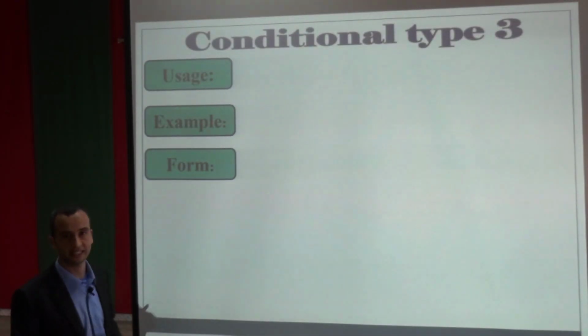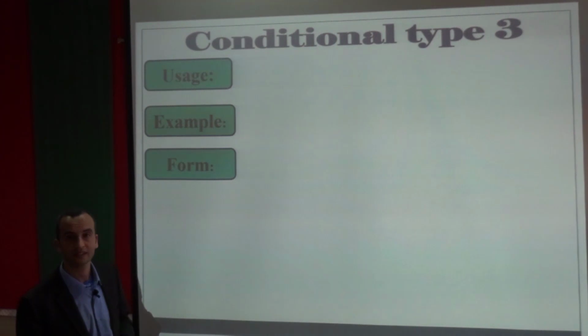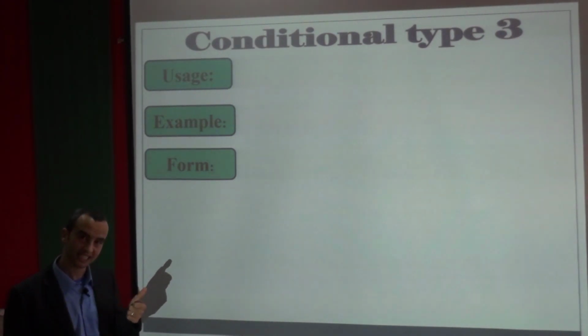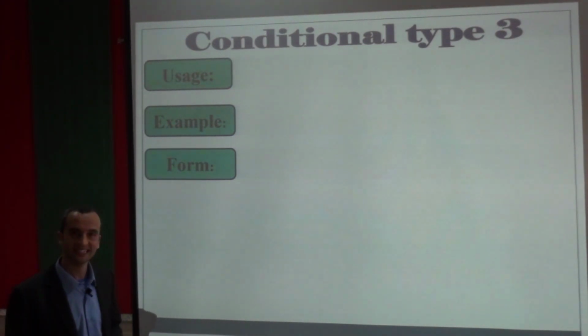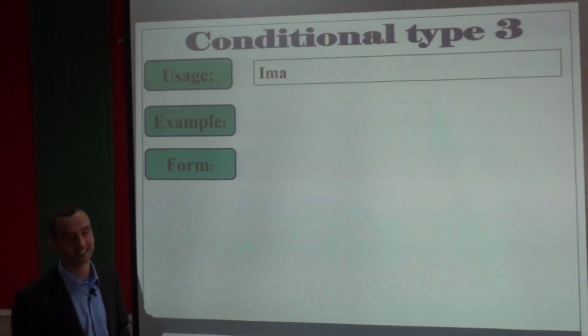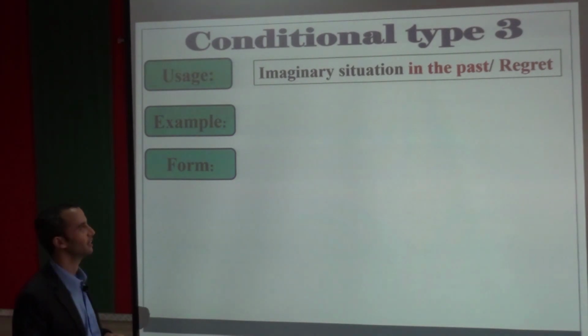To sum up this conditional, here you are. When do we use conditional type 3? Good. To express regret. This is one. Second, nice. Imaginary situation in the past. So here you are. Keep it in mind. Okay?